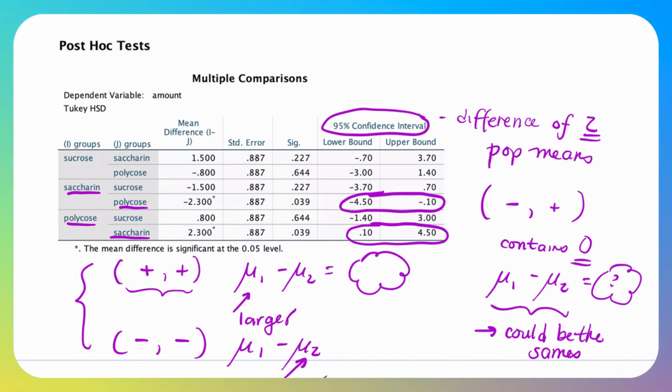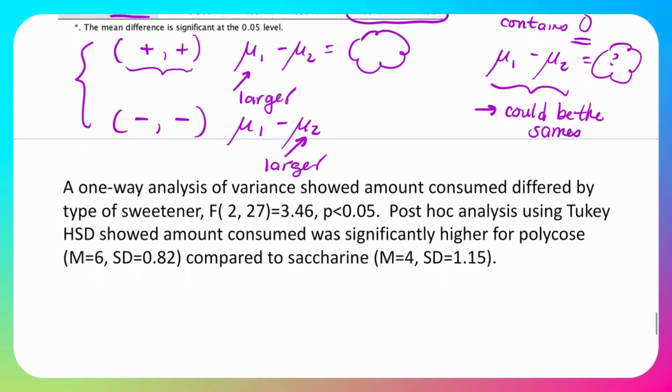So let's summarize the post-hoc analysis and the original ANOVA we did. So here's one way of writing our conclusion. At first, the one-way analysis of variance showed the amount consumed differed by type of sweetener. So this is what we had before. And here's reporting of our post-hoc analysis.